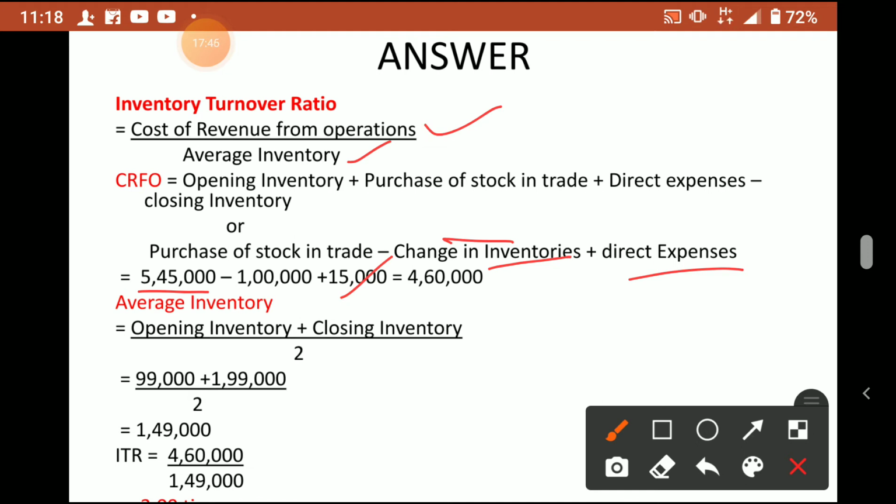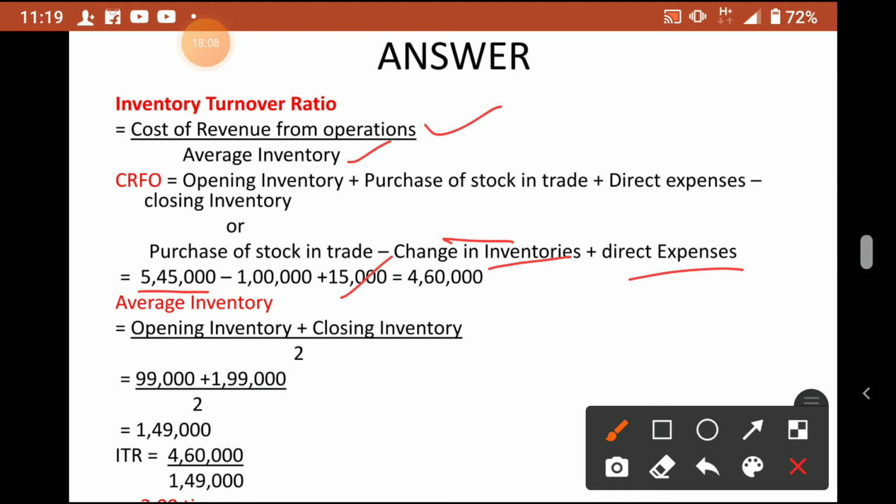So it is coming to 4,60,000. So 4,60,000 is the cost of revenue from operations. Now average inventory.